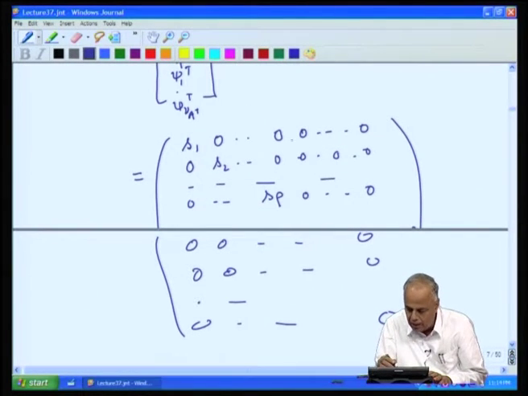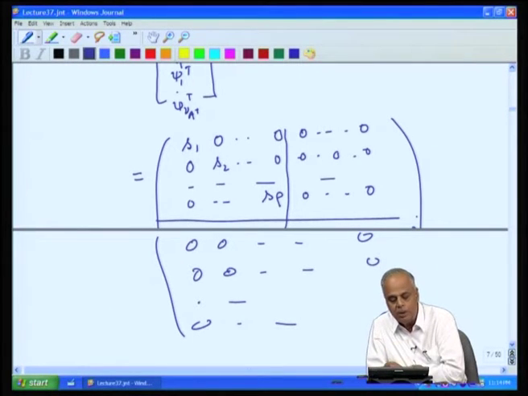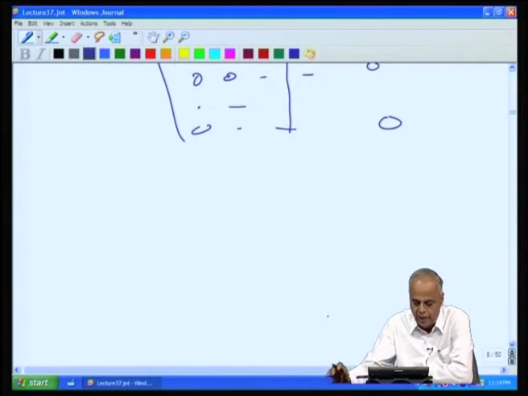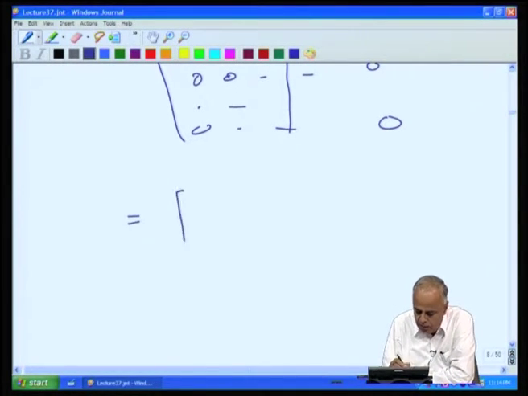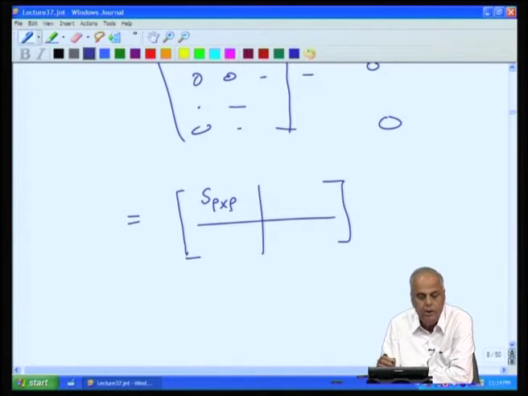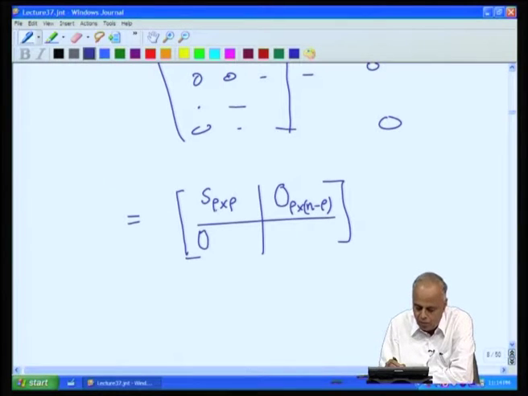It means it has a nice diagonal block which has S 1, S 2, S rho on it, and all the others are 0. So, we will write it in block form, a matrix S rho, rho by rho, and all the others are 0. This will be the 0 matrix with rho rows and n minus rho columns. We have already taken rho rows here.